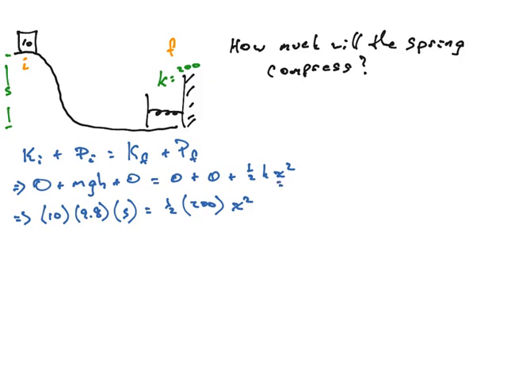So x is the thing I'm looking for here, the distance the spring is compressed. All right, so we're going to solve this for x. X is going to be equal to the square root of 10 times 9.8 times 5. And then 1/2 of 200 is 100, so I bring the 100 over, divide by 100. And then I take the square root of both sides to get rid of the square.